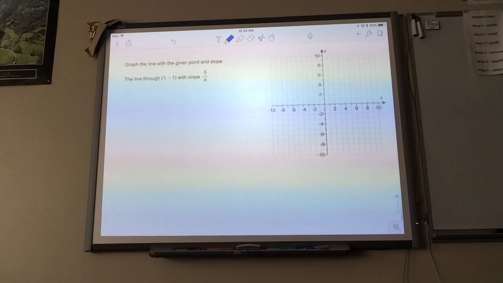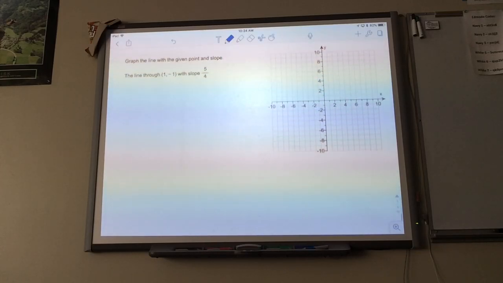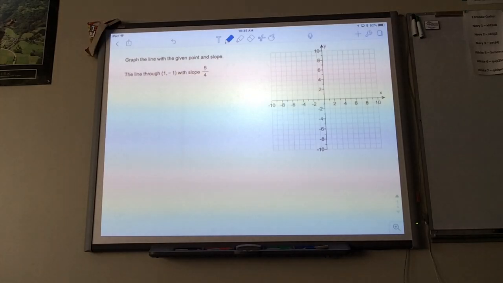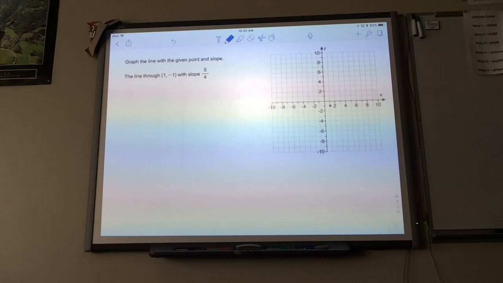Okay. Last slide. Graph the line with the given point and the given slope. So we have a point and we have a slope. We could do point-slope form and change it to y equals mx plus b, which we'll talk about next class, but we don't have to do that. We're given this point, let's put this point on the graph at 1, -1. So go over 1, go down to -1. And then from that point we can just use our rise over run.